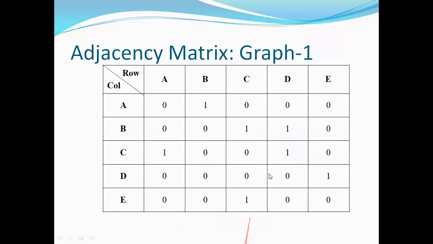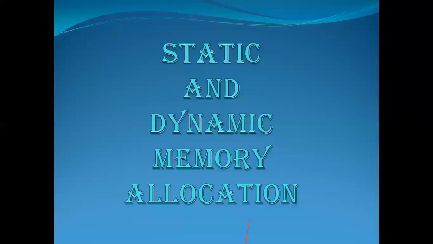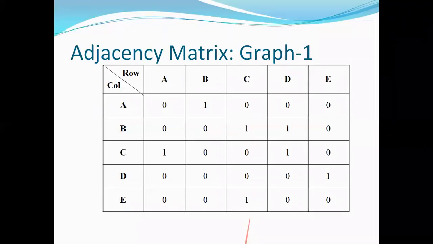Fine. In this pattern, you can draw a graph's adjacency matrix. If there is an edge between two nodes, we represent it as 1 in the adjacency matrix, and it becomes 0 if there is no edge between two vertices. This is how we can represent the adjacency matrix if we draw a graph.